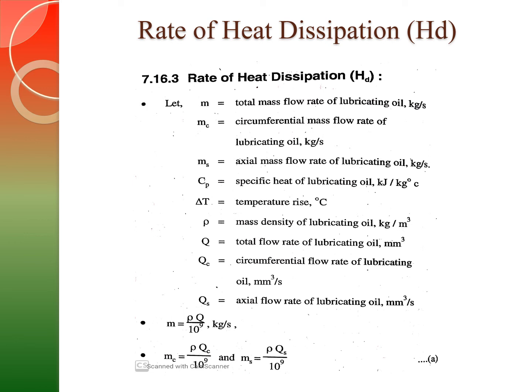Cp specific heat, delta T temperature rise, rho mass density, Q total flow rate, Qc circumferential flow rate, and Qs axial flow rate. So mass flow rate of lubricating oil is equal to rho into Q upon 10 raised to 9, while mass flow rate for the circumferential flow is equal to rho into Qc divided by 10 raised to 9, and for axial mass flow rate it is rho into Qs divided by 10 raised to 9.